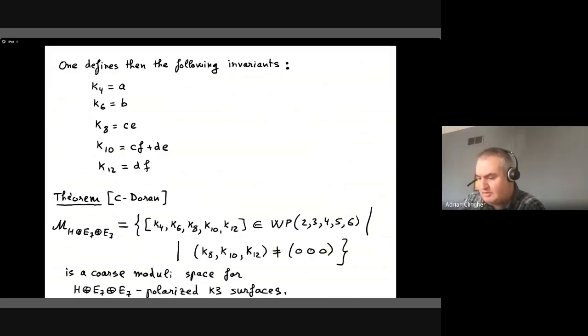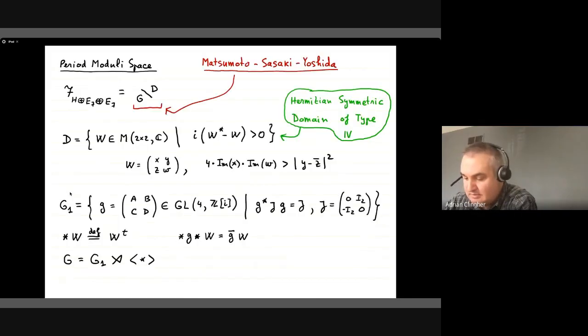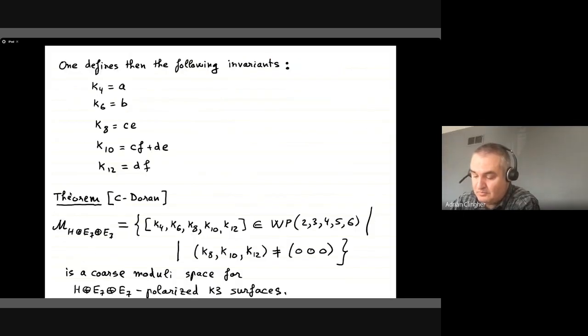They are here. So this is the rank 16. If I'm looking at the automorphic forms for this group that appears, this Matsumoto, Sasaki, Yoshida group, there are 5 generators that build the graded ring of even modular forms in this object. And this is actually not surprising.